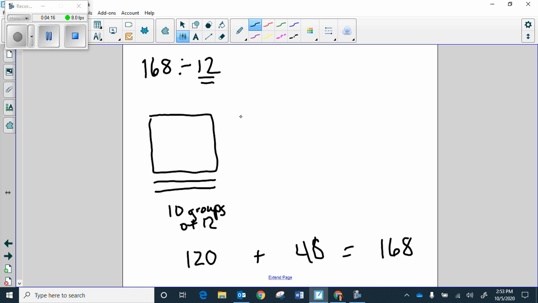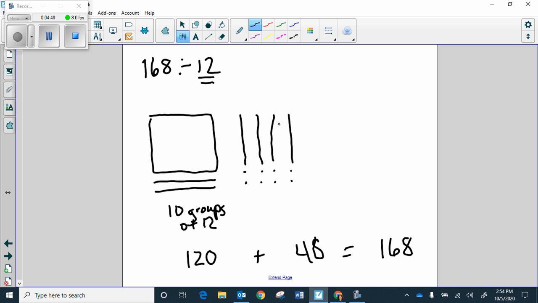Well, if I do 4 groups, let's try that out. Here's 10, 11, 12, plus 10 more would be 22, 23, 24. 24 plus 10 is 34, 35, 36. 36 plus 10 is 46, 47, 48.